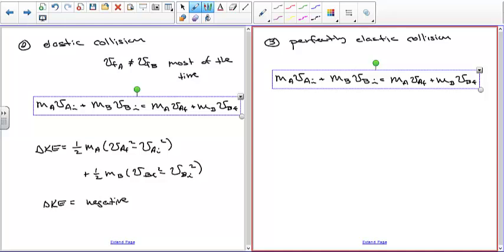I can't remember whether it's the initial, final. So anyway, we'll look it up here. Pardon my taking time here.